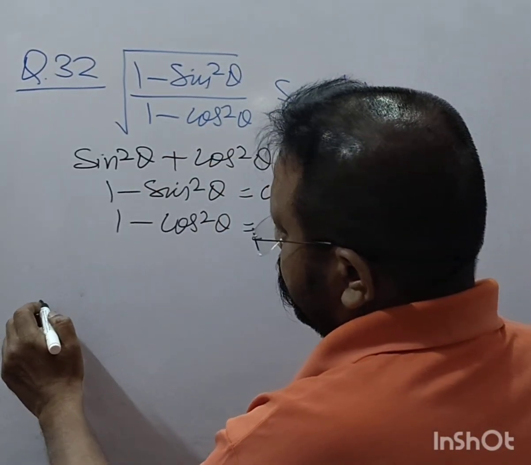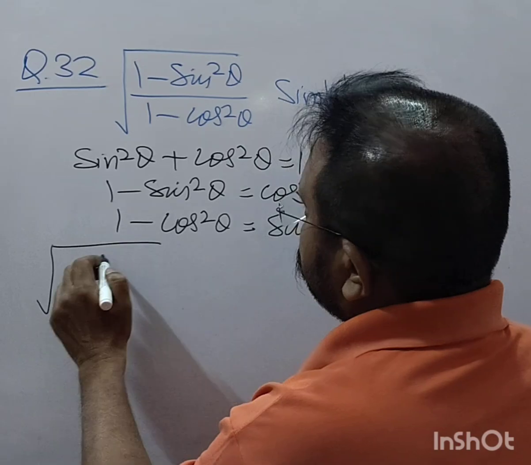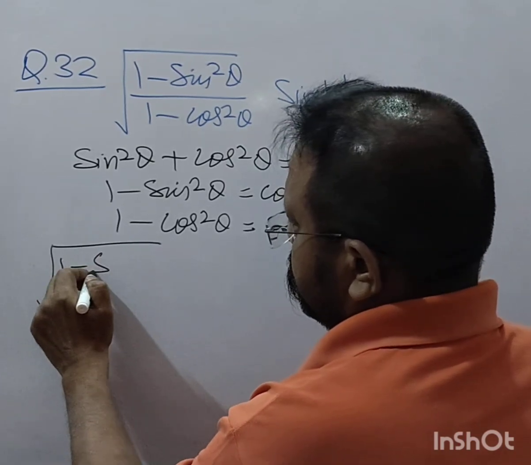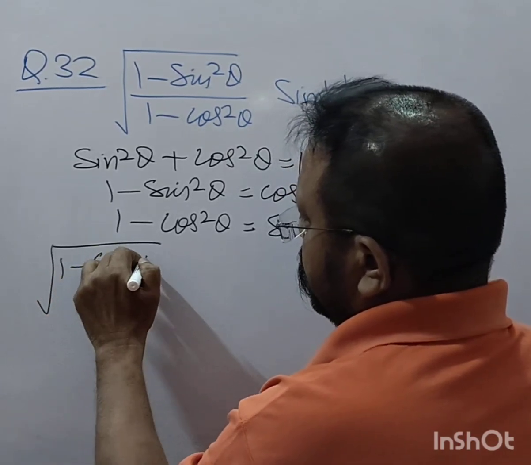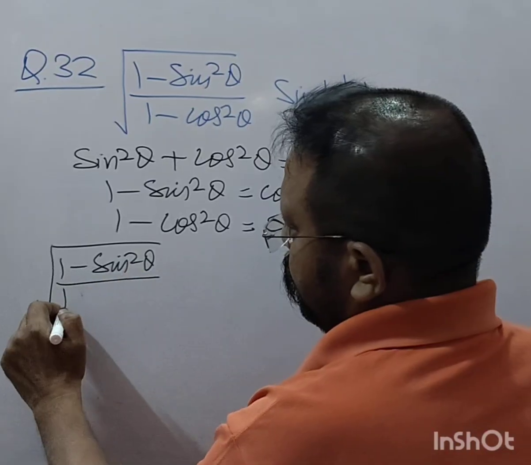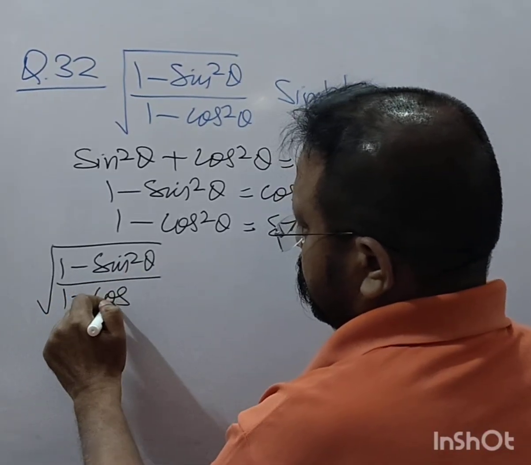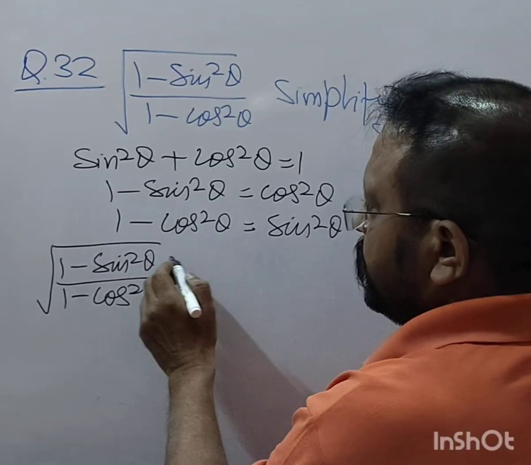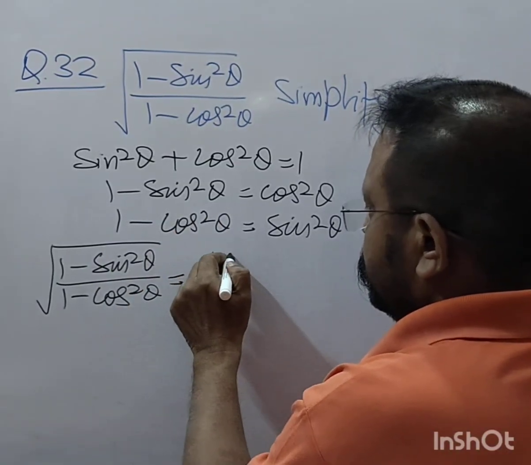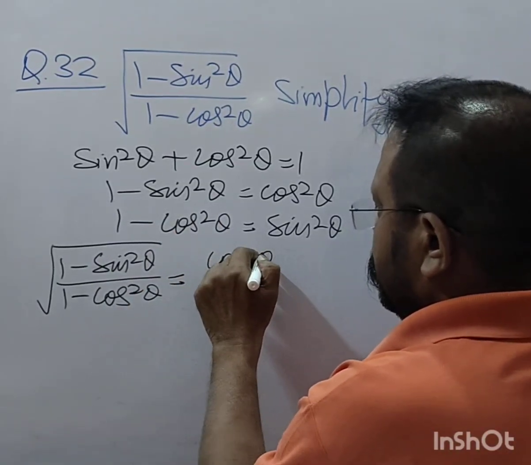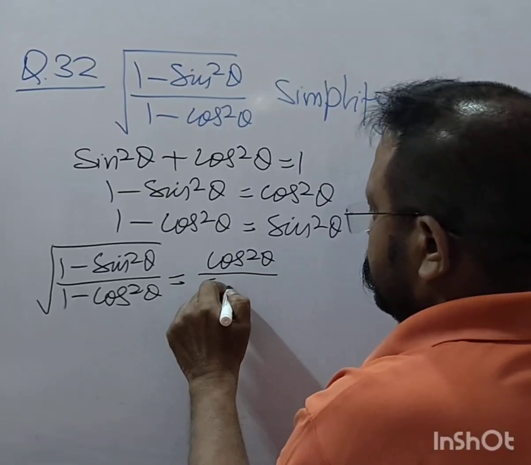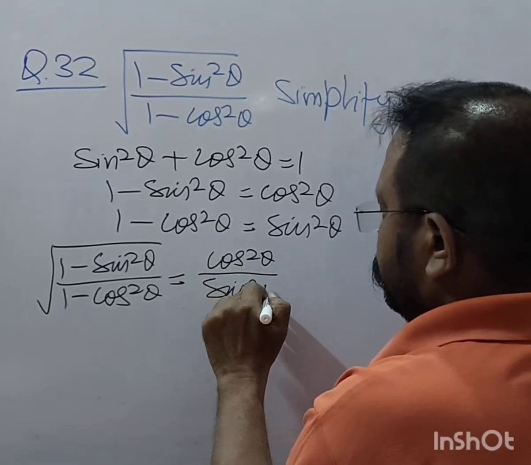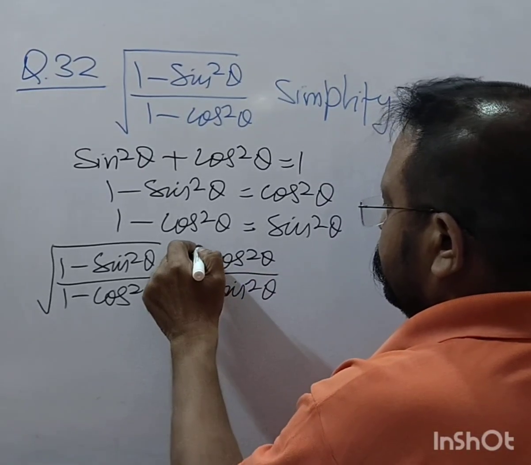On putting values here, 1 minus sin square theta is cos square theta upon sin square theta, under root.